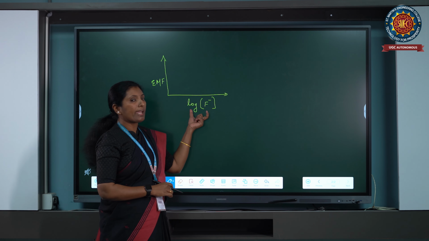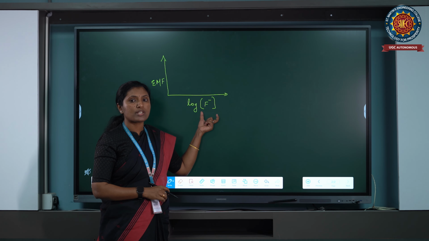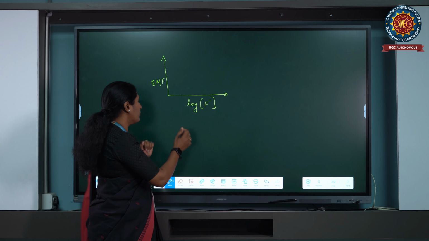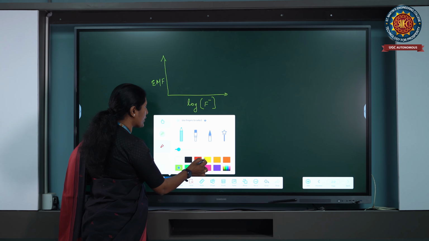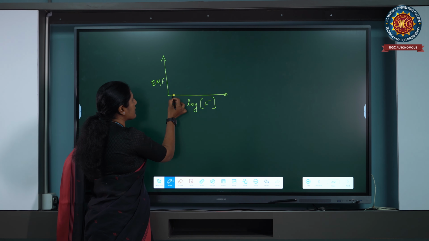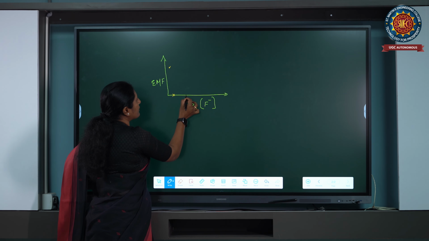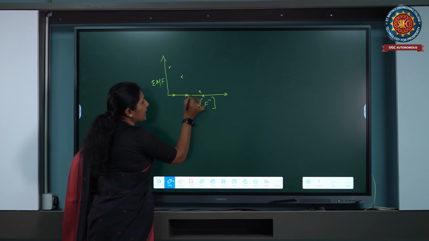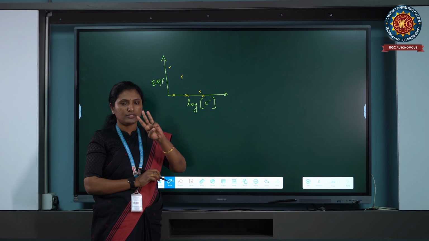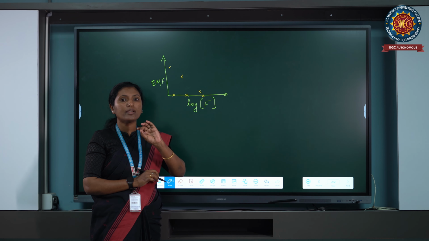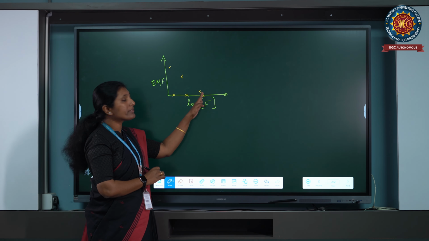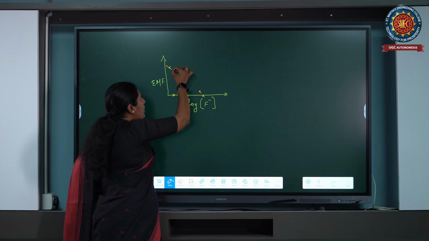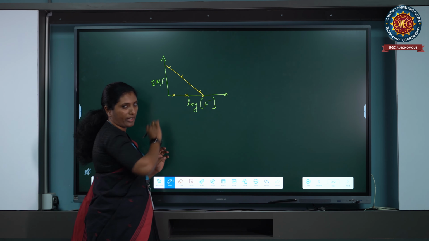For each particular concentration you have one EMF. Three standards were there: 1 molar, 1.5 molar and 2 molar. For all three you got one EMF, and you plot these 3 points as a straight line.